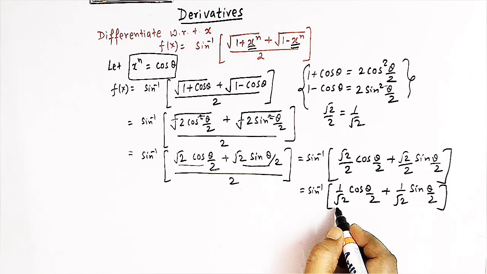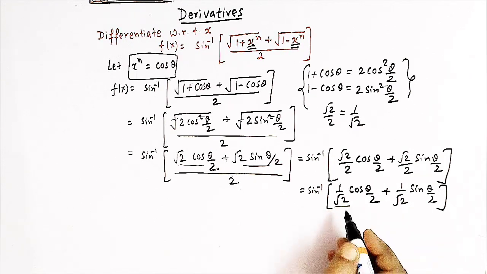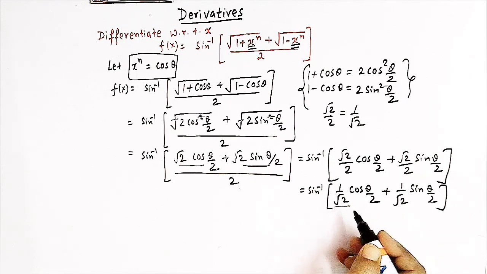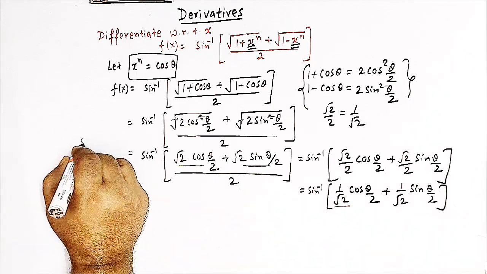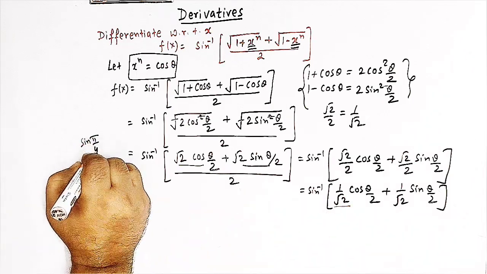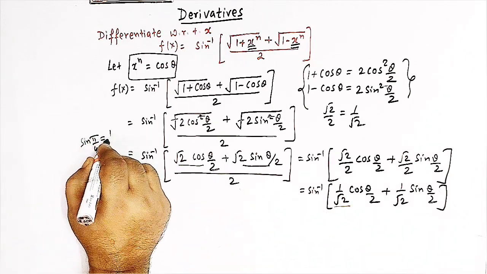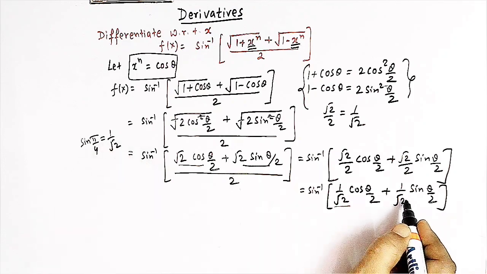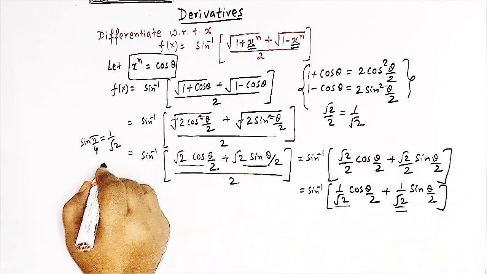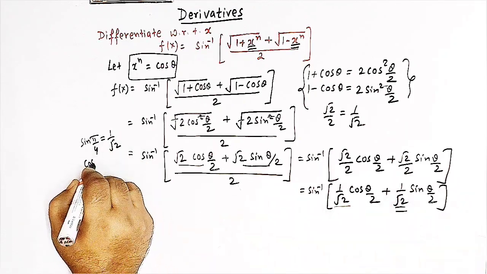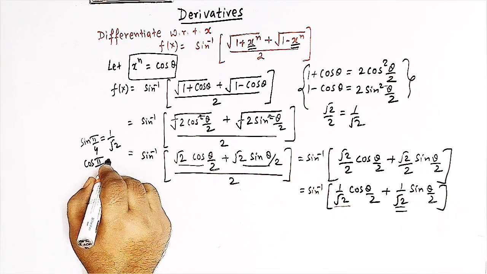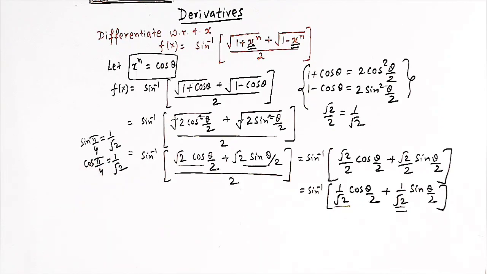Now let us replace 1 over square root of 2 by sine pi by 4, because sine 45 degrees is 1 over square root of 2, and the other term can be replaced by cosine pi by 4, that is 1 over square root of 2.